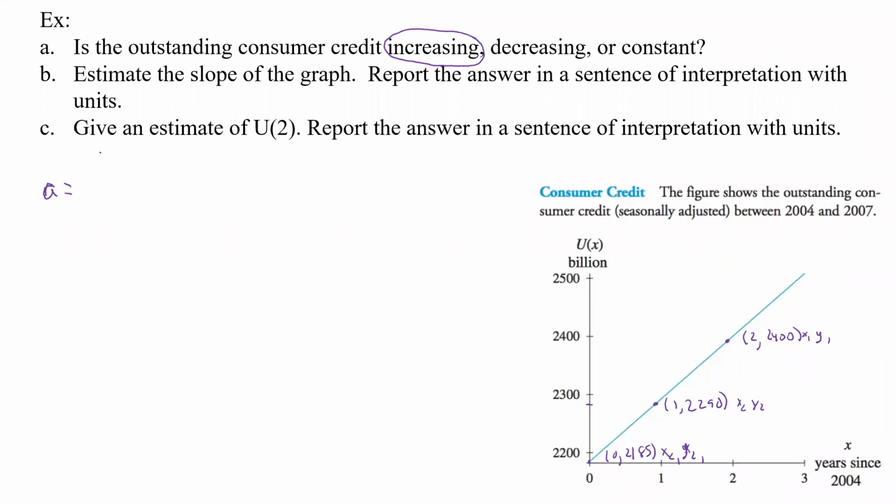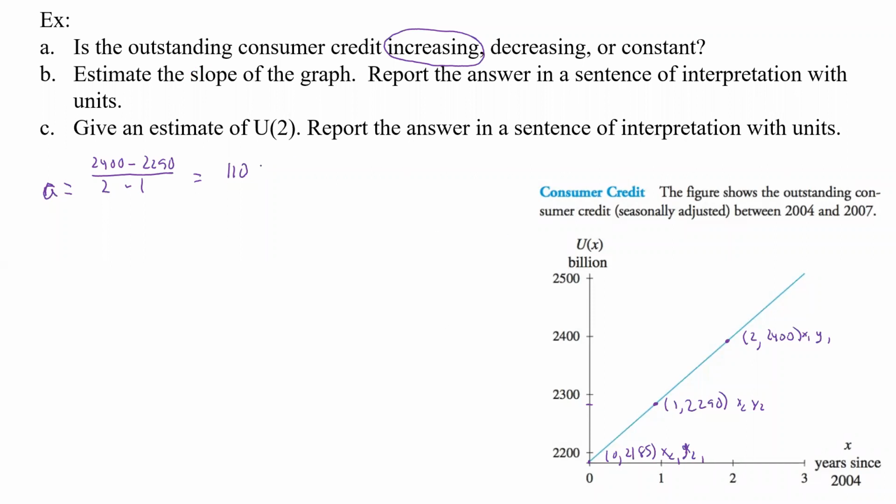We'll take 2400 minus 2290 divided by 2 minus 1. So 2400 minus 2290 gives us about 110. The slope is $1 billion per year, because it's y over x.